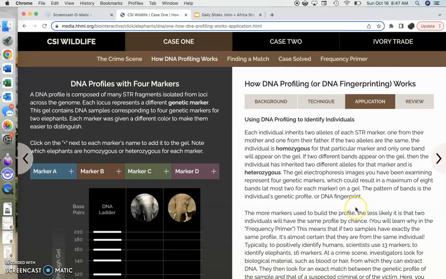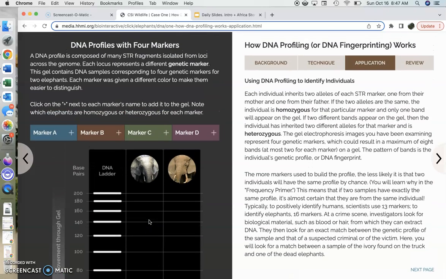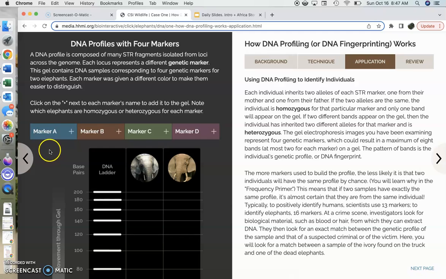moving through here, the reason that you saw so many bands for each of these elephants at the beginning is that we can look at multiple different markers, okay? So we can look at, in other words, multiple different genes where the elephants vary in the number of short tandem repeats they have.